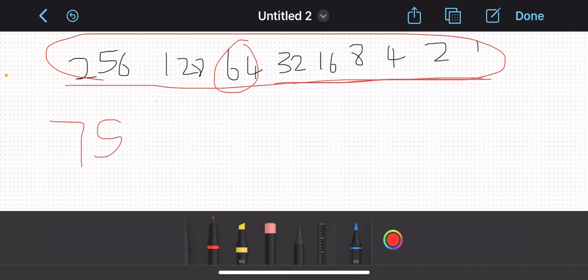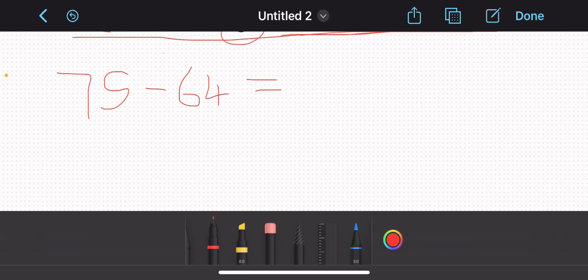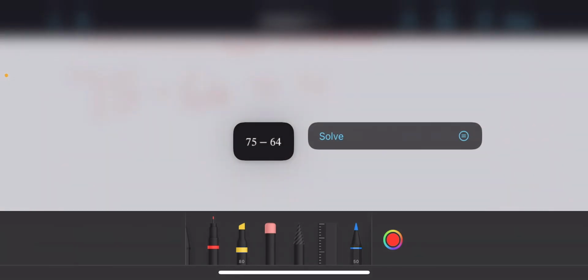I know that all these numbers are smaller than 75, but we're looking for the one closest to 75, which is 64. Then we subtract 64, which will give us 11.